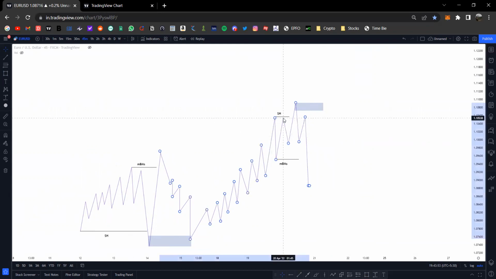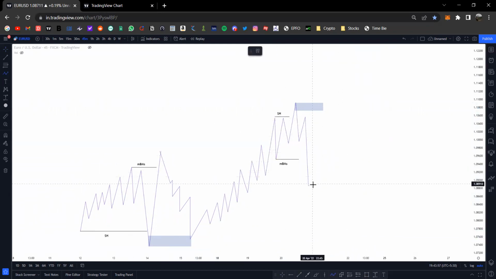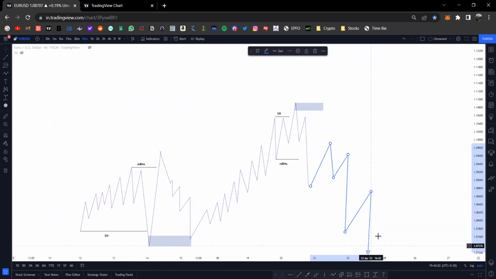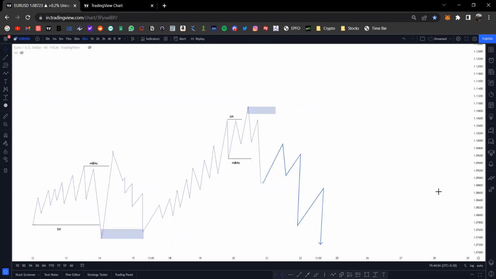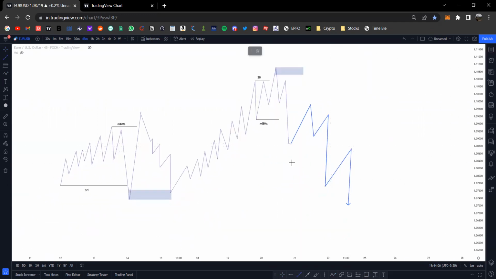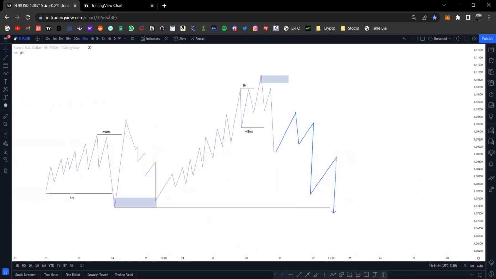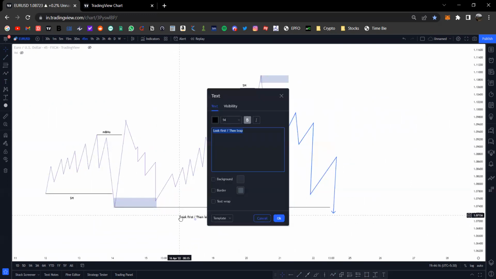So that's the thing. And if price has taken out the last low here, this is the minor BMS, minor break in market structure, and if price takes out the last low, this will be a major BMS, major break in market structure.